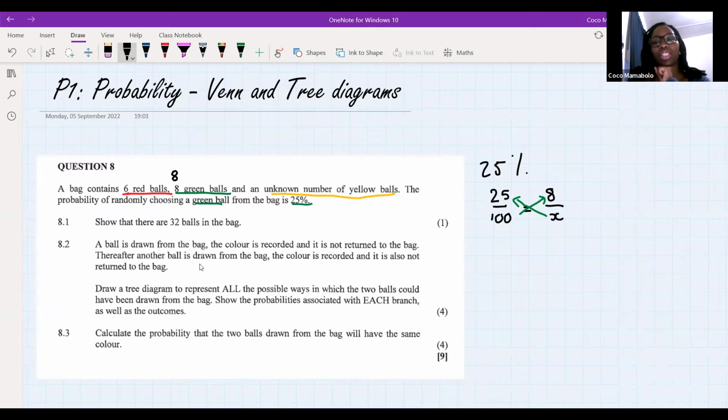So if you guys can just solve that for me and pop your answers for X in the chat, and we'll have a bit of a conversation about 8.2. What are we thinking? Good.